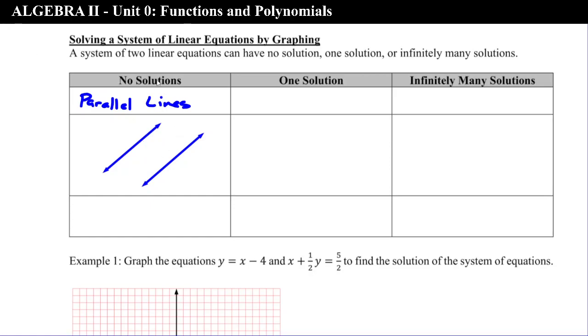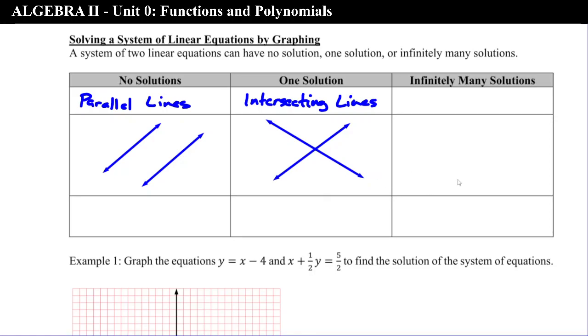This would be a case where you have no solutions. In a case where you have one solution, you would have intersecting lines. In this case, you would have lines that cross each other, very much like this, and the point where they cross would be the solution.